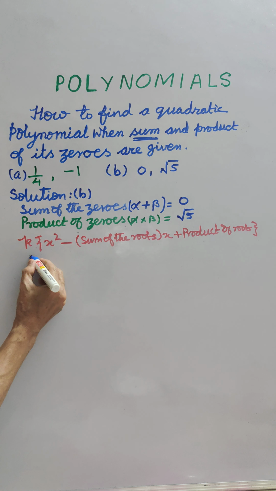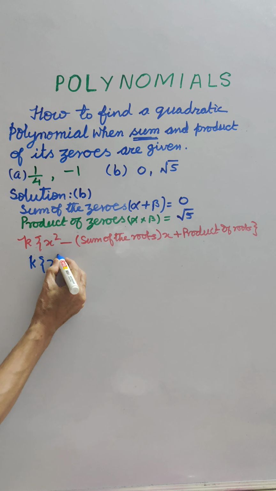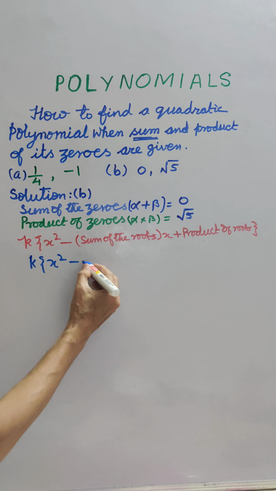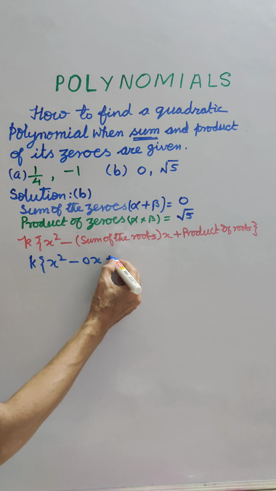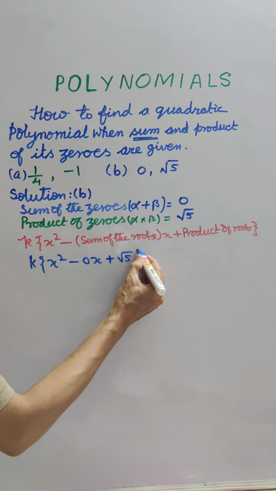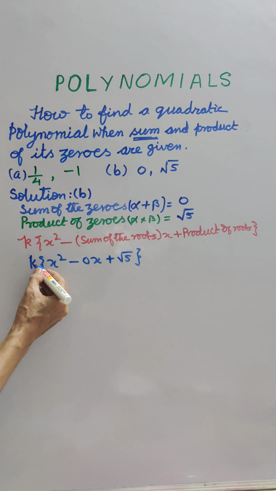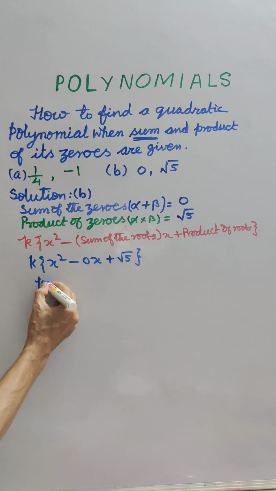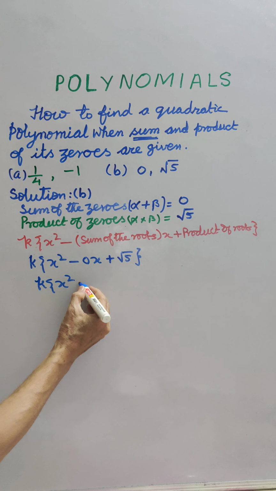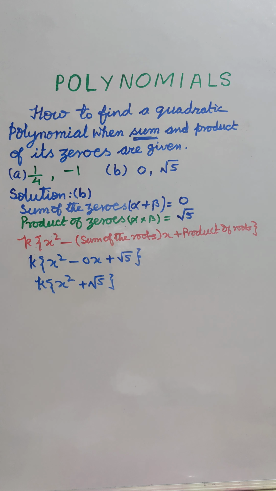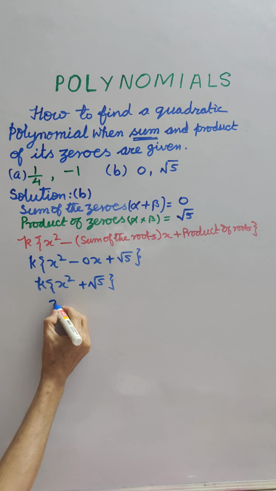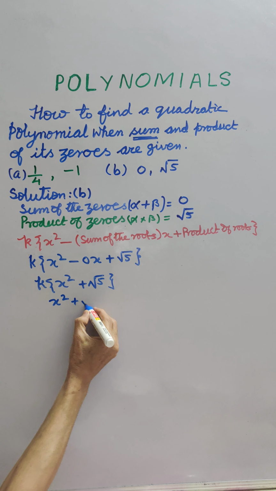It will become k into x square minus sum of the roots, given 0, into x, plus product of the roots, given square root 5. This way the required quadratic equation is k into x square plus root 5. And when we take the value of k as 1, the equation will be x square plus root 5.